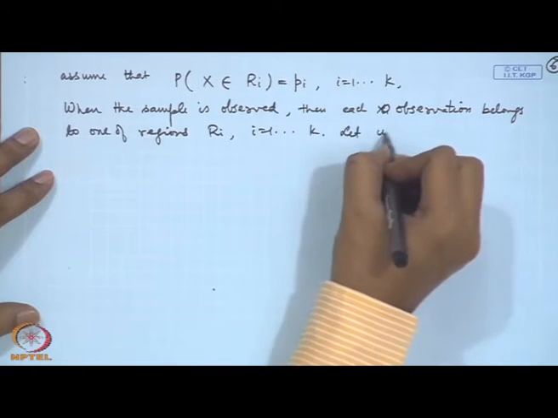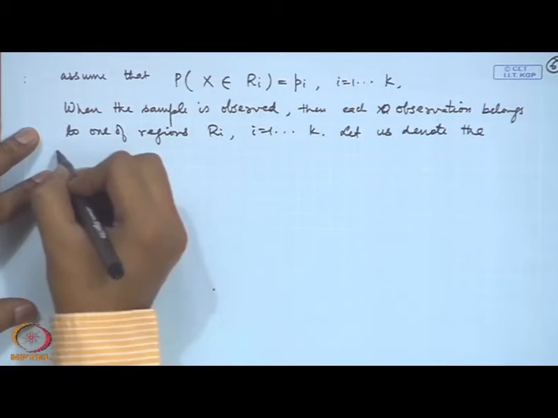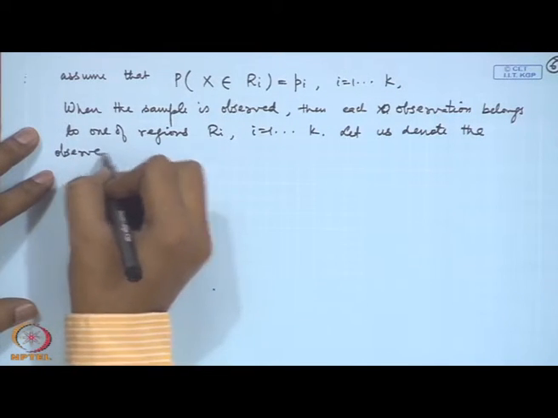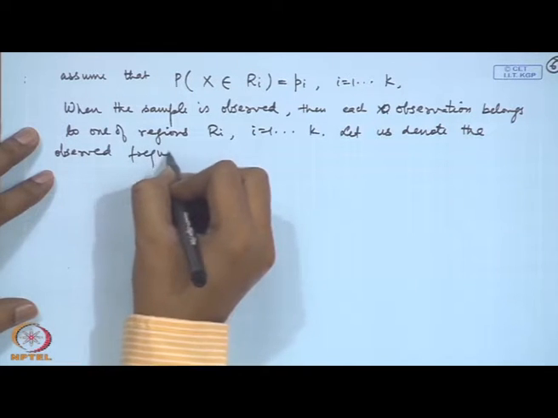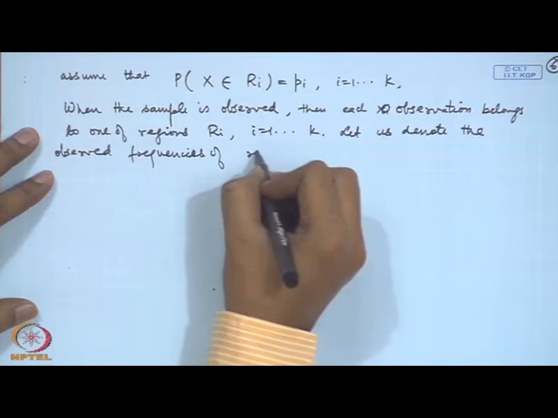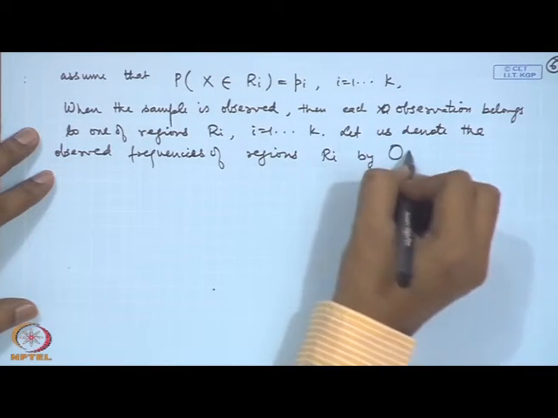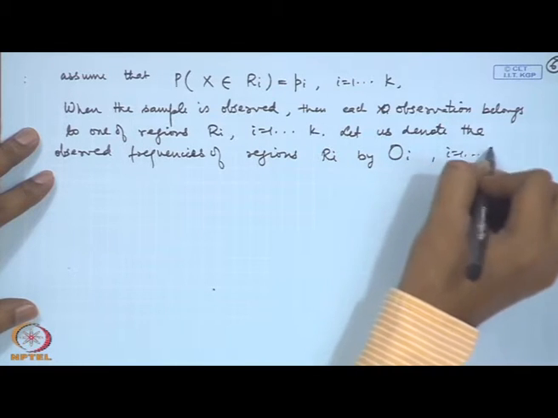Let us denote the observed frequencies of region R i by O i for i is equal to 1 to k.